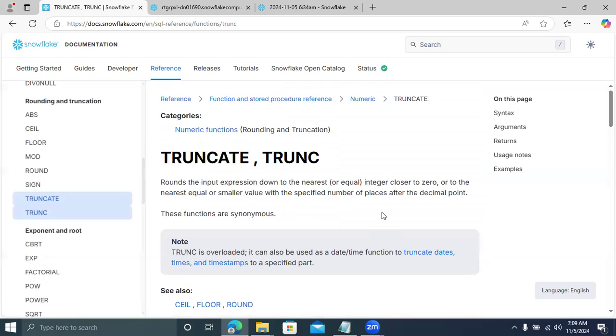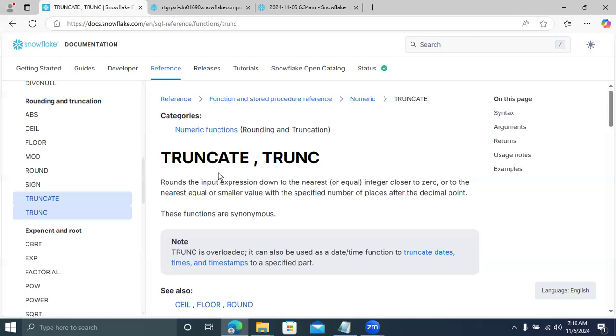Previously I've seen all the rounding functions, right? Now this is one function that is very, very important while performing date and timestamp operations. For truncating integer values or decimal values, you can use truncate. Mostly for decimal values, and for date and time, you use the truncate function.